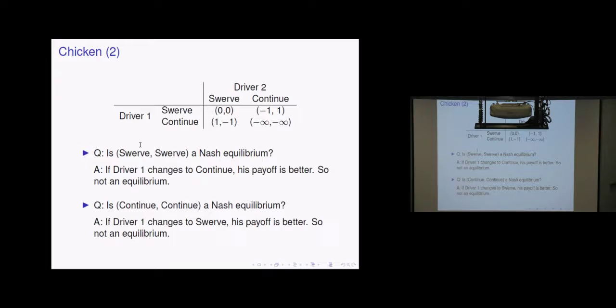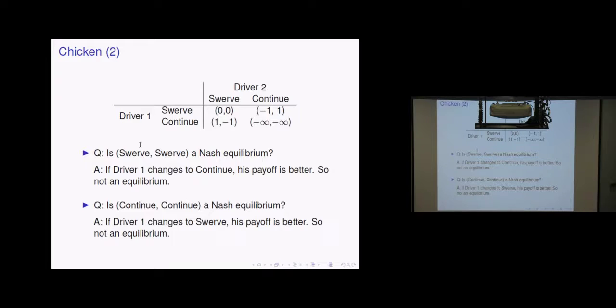Now in this situation, his payoff changes from negative infinity to negative 1. So again, he gets a reward, right? His payoff is much, much better. So therefore, this continue is not a Nash equilibrium, right? Because by changing the strategy, driver 1 gets rewarded.